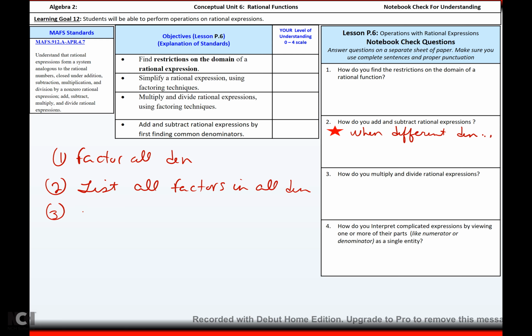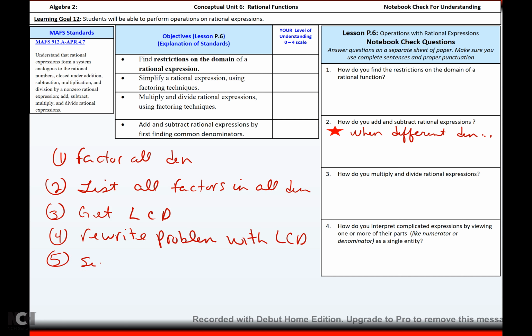Okay, so then you're going to get a least common denominator. Rewrite your fractions. Rewrite the problem with the LCD. And then simplify the top. Simplify and factor the top. Cancel like factors. And simplify again. Okay.